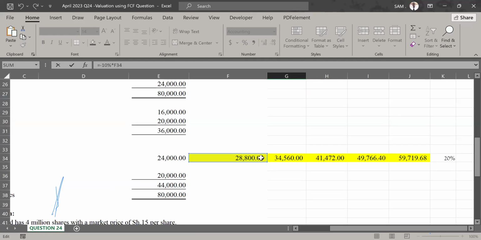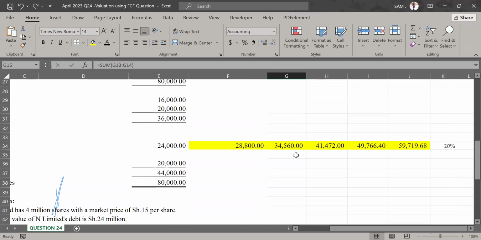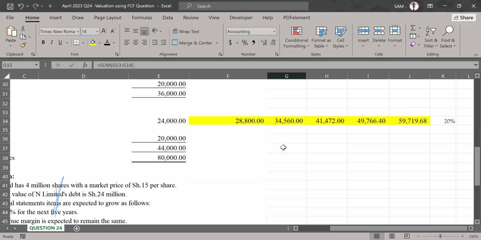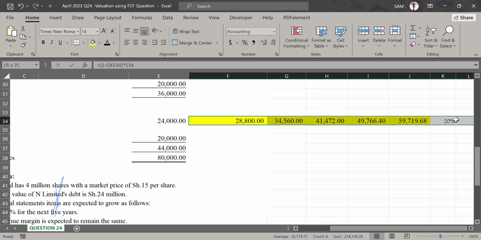And we refer to this cell where we already have figures. But now that we've done away with the growth rate in the long-term debt because of the correction, we also do away with these other computations which we had put in, because now this is not applicable. I hope we are getting it.